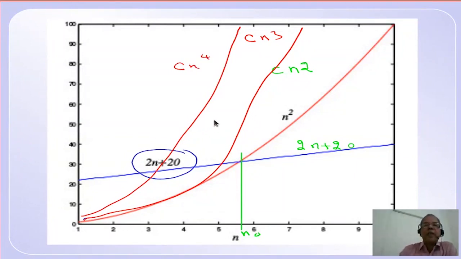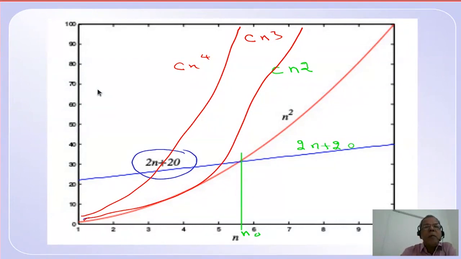Answer this question. Is n squared an upper bound for 2n plus 20? Yes. Is n cubed an upper bound for 2n plus 20? Yes. Is n power 4 an upper bound for 2n plus 20? Yes.